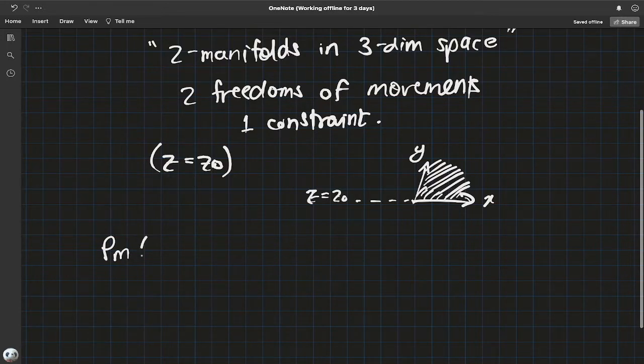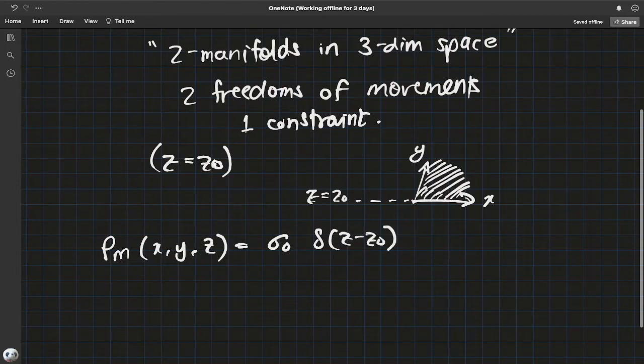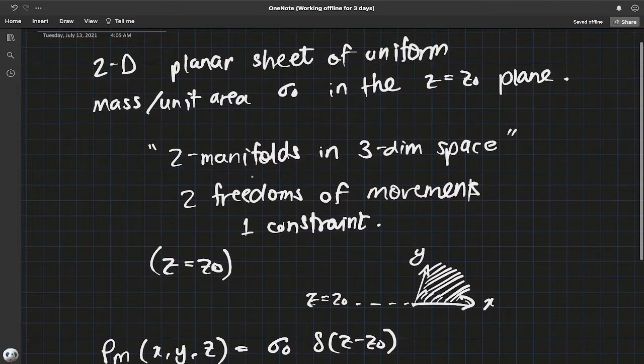Okay, so if you have something like this, then one guess for your density function, and by density I mean volume density, rho of x, y, z, will be sigma naught delta of z minus z naught. Think about it this way: for a zero manifold, which was like a point, we had three levels of constraint, an x constraint, a y constraint, and a z constraint, which narrowed down to one point.